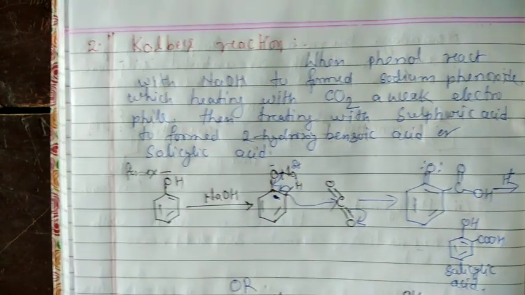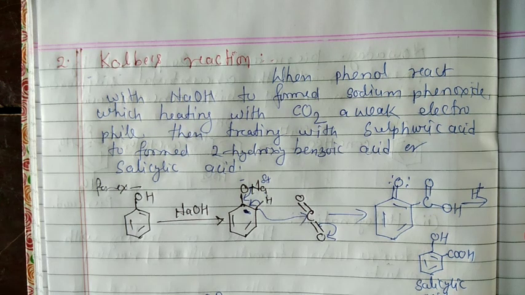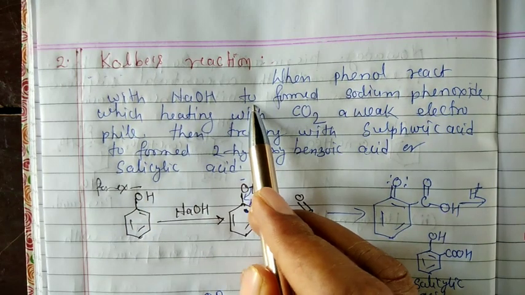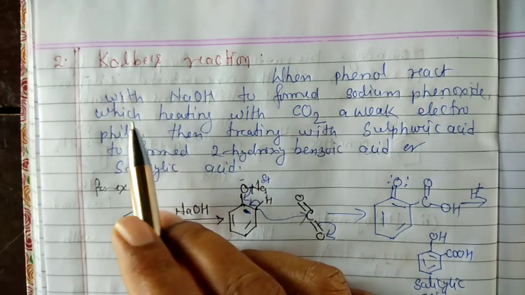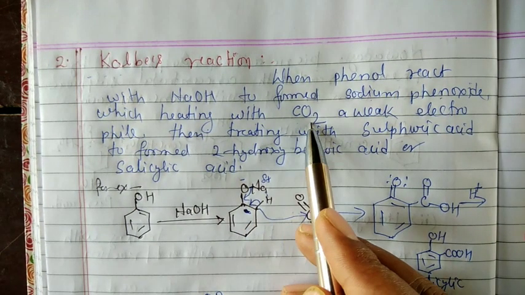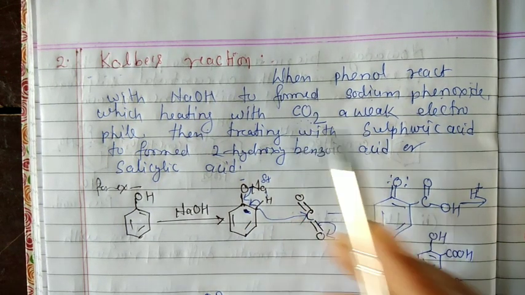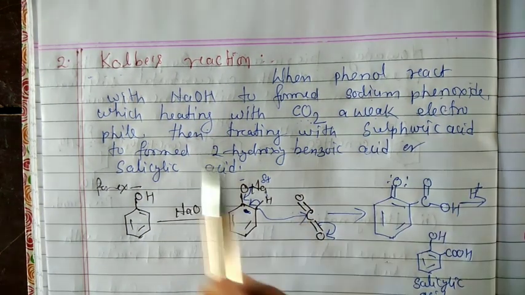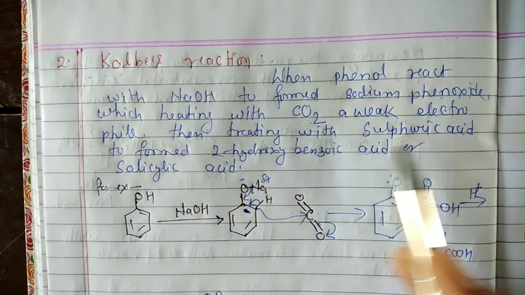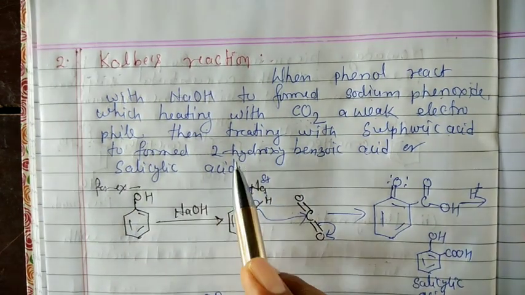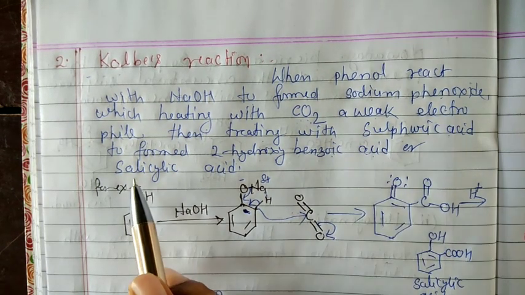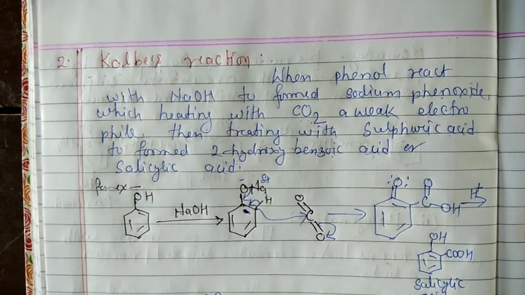What is Kolbe's reaction? Kolbe's reaction is a schematic reaction in which phenol reacts with sodium hydroxide to form sodium phenoxide, which on heating with carbon dioxide, a weak electrophile, and then treating with sulfuric acid, forms 2-hydroxybenzoic acid, also known as salicylic acid.